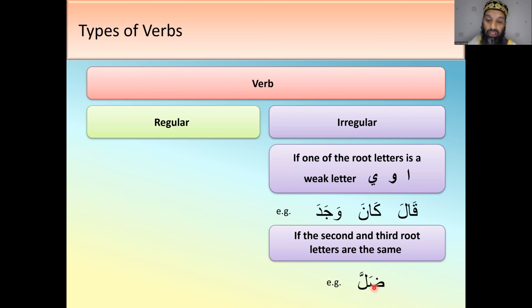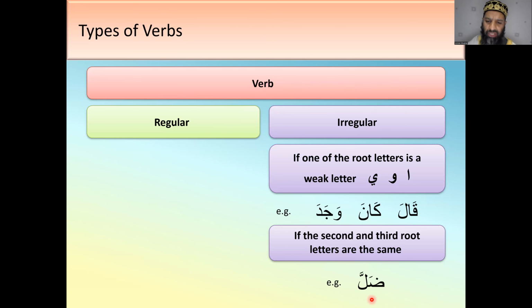Dalla is also an irregular verb, a weak verb. So dalleen, that is an irregular verb. When the second and third root letters are the same, inshallah, I think this is in the test. So these are two ways to identify if a verb is weak.